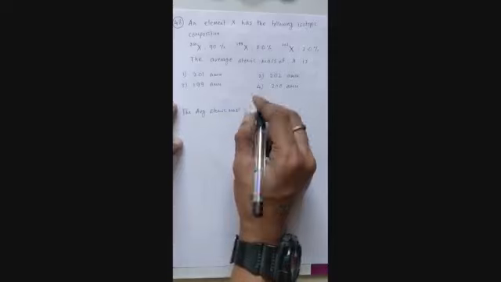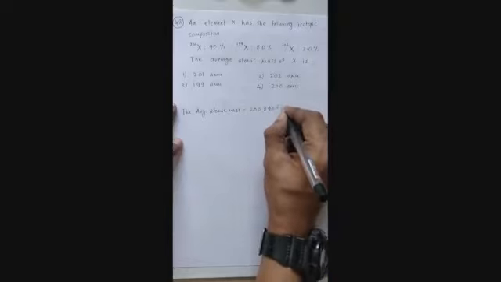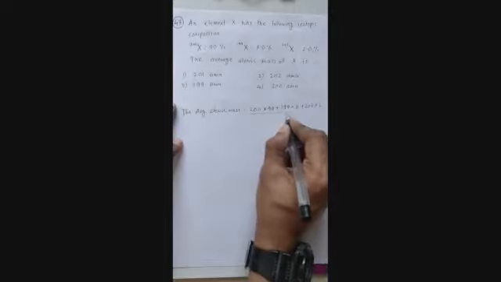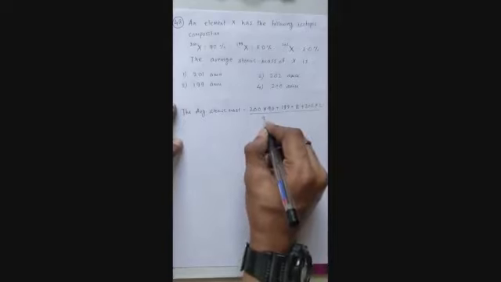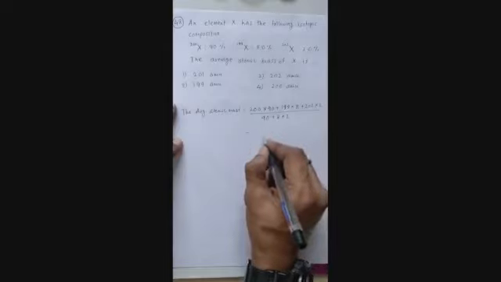It is basically the isotopic mass into the abundance, that is 90 plus 199 into 8 plus 202 into 2 upon the total of the abundance. That is 90 plus 8 plus 2. That always obviously has to be 100.